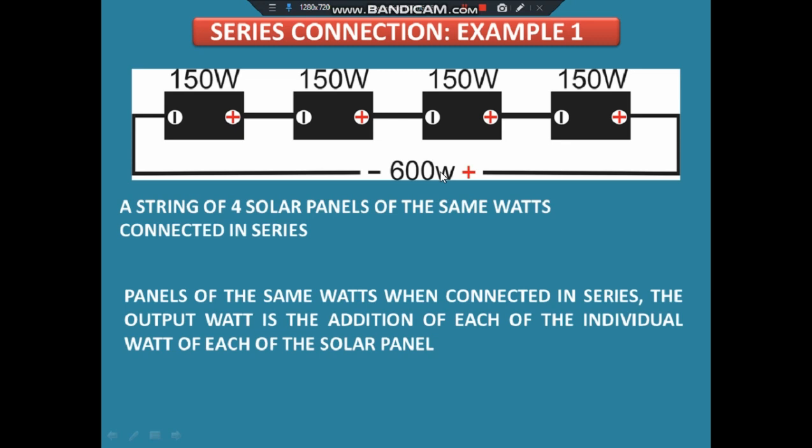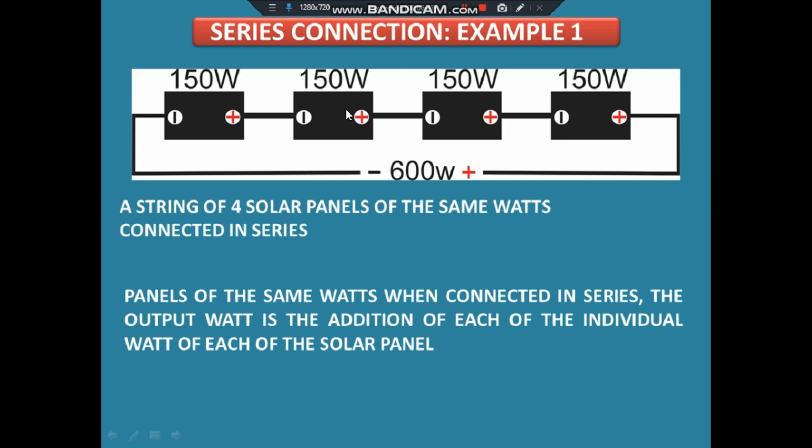That means if you were to use a 600 watt solar panel, you only need one, and that one solar panel will be a 24 volt solar panel. But in this case, you are using 150 watt solar panels, which are 12 volt solar panels. That means you use them on a 12 volt system.